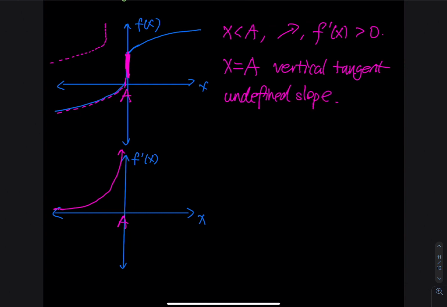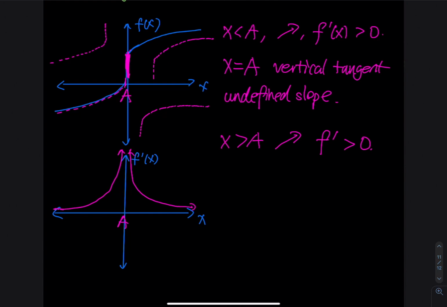What if we pass a? We pass a, we are going uphill still. So the graph is going uphill, so f prime is greater than 0. So here is how we analyze that. We start with something really steep, and then eventually we are getting closer and closer to a horizontal line, right? So the slope is still positive, but it's getting closer and closer to 0.